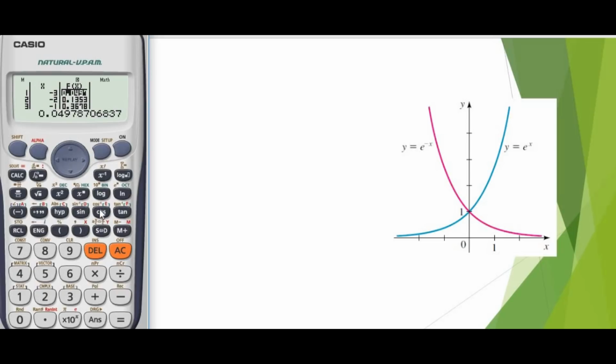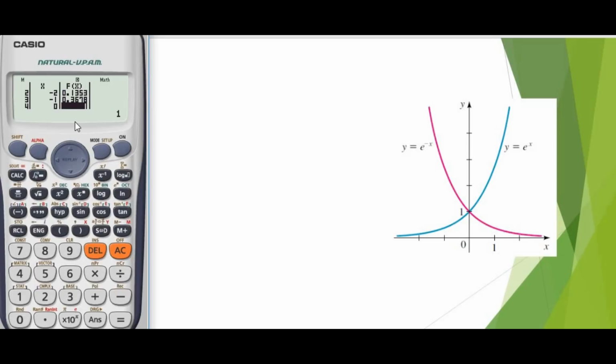Outright we have our values. When x equals -3, our value is 0.049. When x is equal to -2, f of x equals 0.1353. And when x equals -1, f of x is 0.3678.